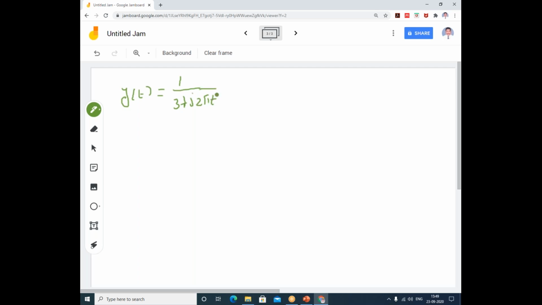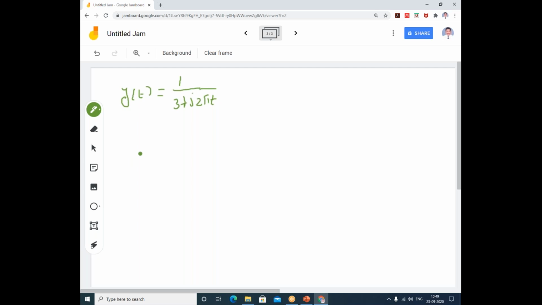Now please try to understand. Do you know the Fourier transform of 1 by (3 plus j2πt)? We don't know it.